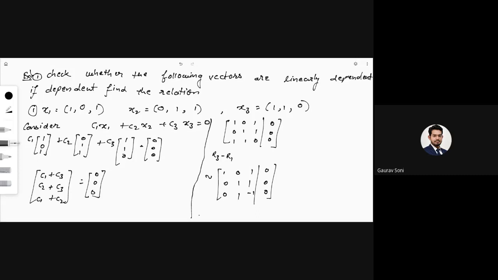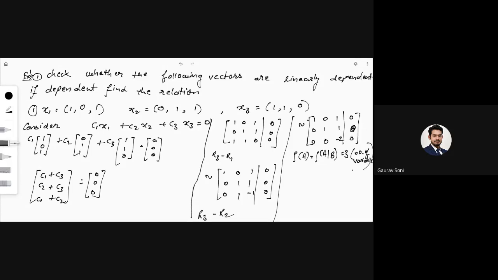Next operation, R3 minus R2. So what we get here is 1, 0, 1; 0, 1, 1; and the last row 0, 0, minus 2, and the last column is 0. So the rank of A is equal to the rank of the augmented matrix, which is equal to 3, the number of variables, right?